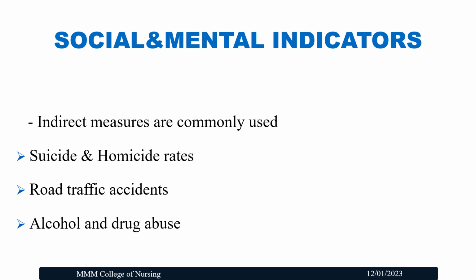Next, social and mental indicators. These are the indirect measures commonly used for health. Here we can find out the number of suicides and homicides, rates of road traffic accidents, alcohol and drug abuse. That is indirectly measuring the health of a country or a state.